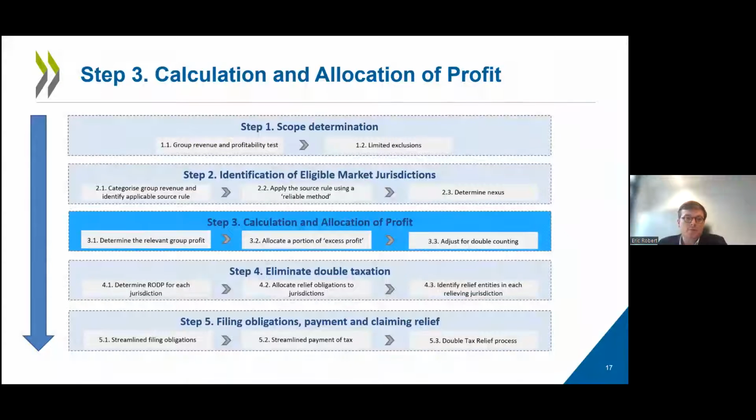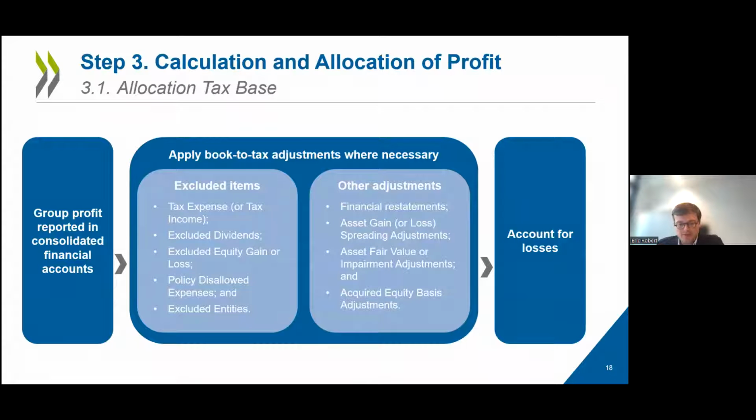Now we get to the point in step 3 where we have to calculate the measure of profit, the group measure of profit, and allocate it to the different market jurisdictions. So on the next slide, you will see first that obviously the starting point here is to compute your relevant measure of group profit, which is the basis for the reallocation.